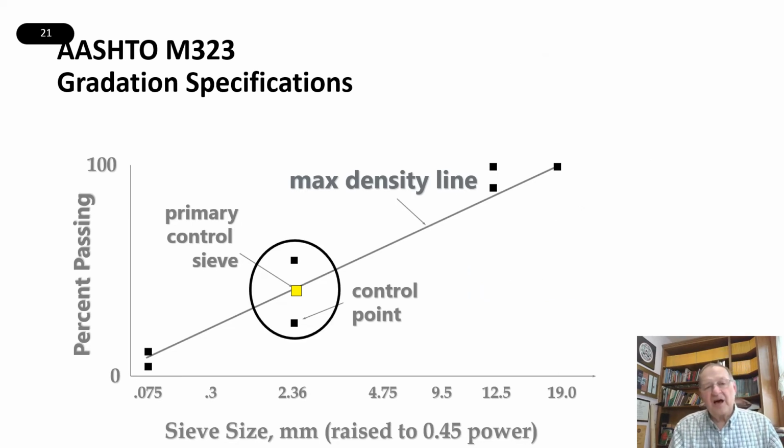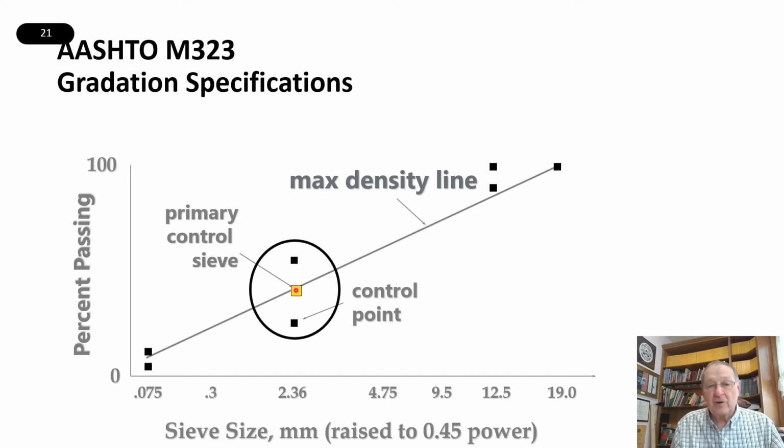Next, let's talk about these sieves. So this is the primary control sieve. And in the AASHTO specifications, it is one sieve, in a table in AASHTO M323. And it's one sieve that sits right on that maximum density line.